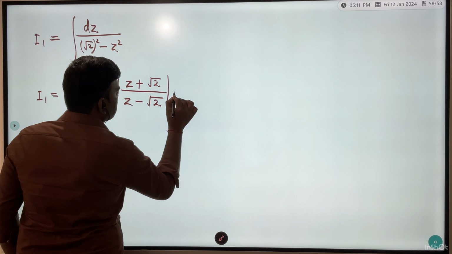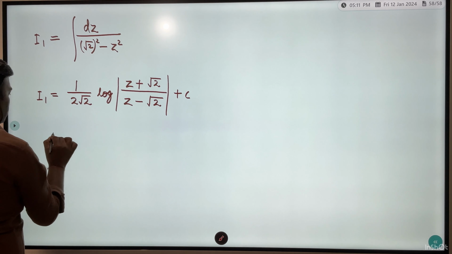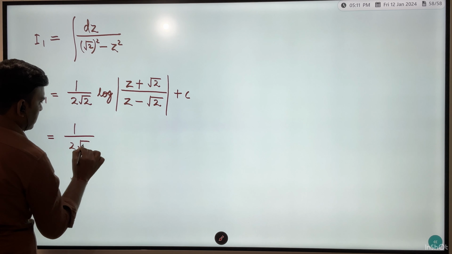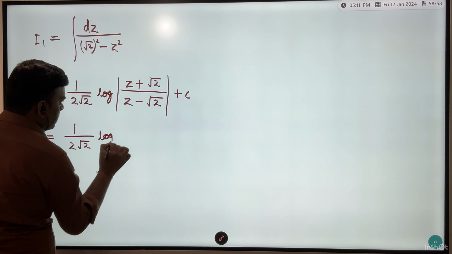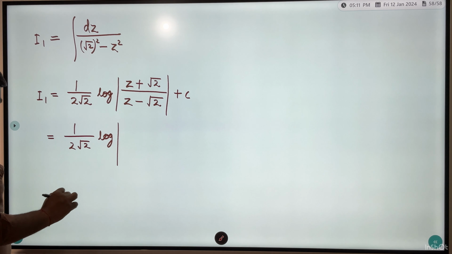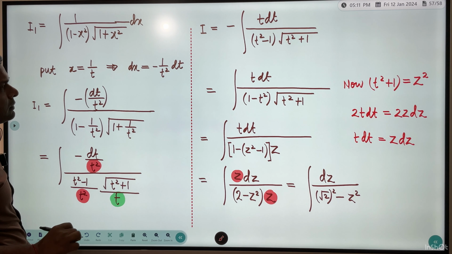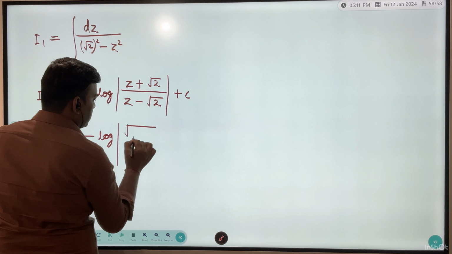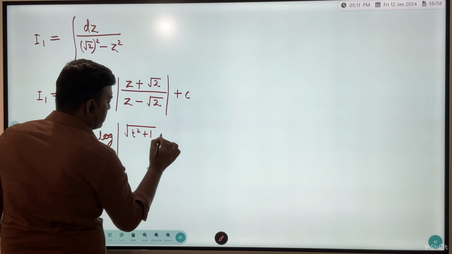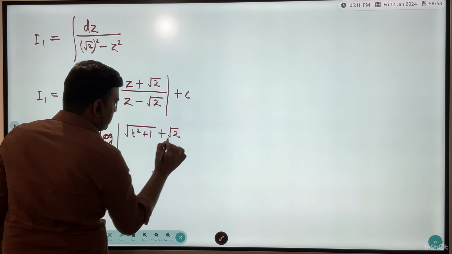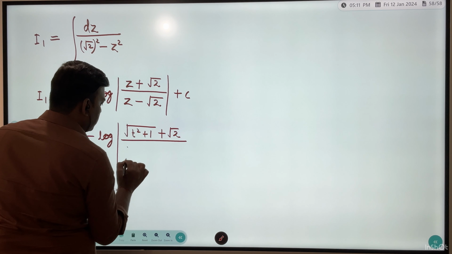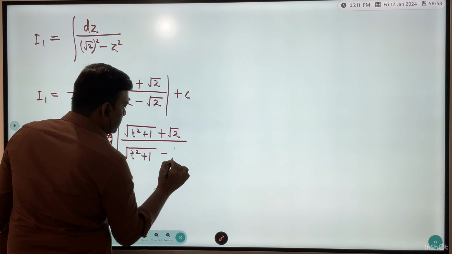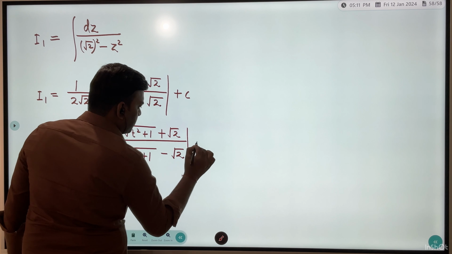This is the result as per the standard formulae for the integral dz upon a square minus z square. Finally, we will substitute back the value of z. As per the assumption, z was square root of t square plus 1, so we'll substitute back square root of t square plus 1 in place of z, plus c.